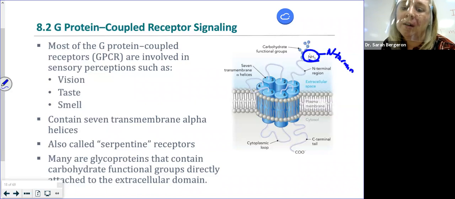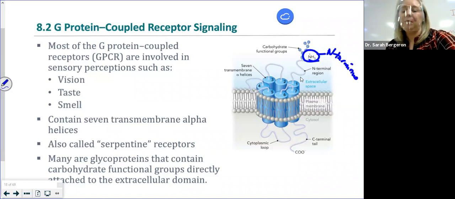So here's one, you go into an alpha helix, it goes to the cytosol, you have a little loop that you can't see, and then it goes up to the second alpha helix. You have a little loop, starts the third alpha helix. You have a little loop, you go up the fourth, you have a little loop, you go down the fifth. So do you see how it snakes in and out of the membrane? That's why they call it a serpentine receptor.